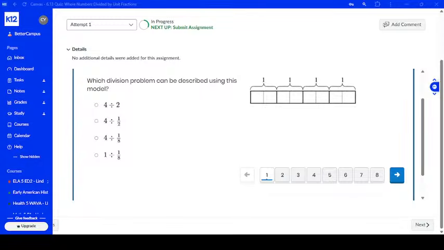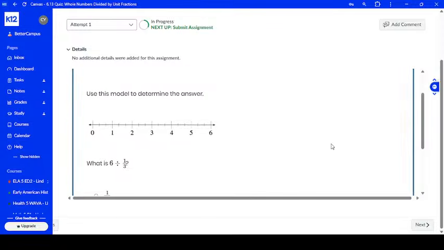You have 5 seconds to answer. 5, 4, 3, 2, 1. The answer is 4 divided by 1/2.